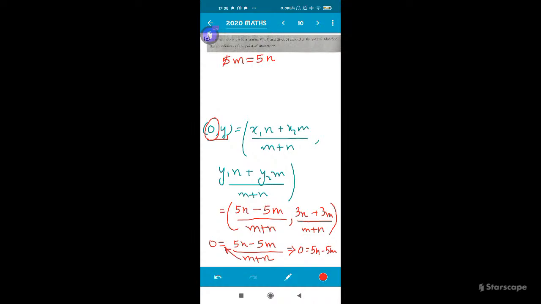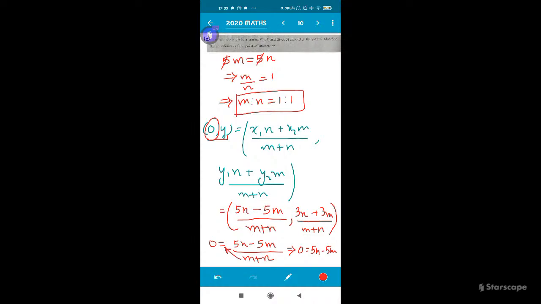So 5 and 5 get cancelled out. So m by n is equal to 1, or you can also say that m is to n is equal to 1 is to 1. So the ratio which has been asked in the question is equal to 1 is to 1. That means the y-axis is intersecting the line PQ through the center completely. The point A is the midpoint of P and Q.